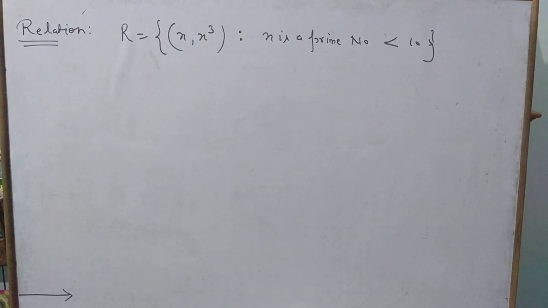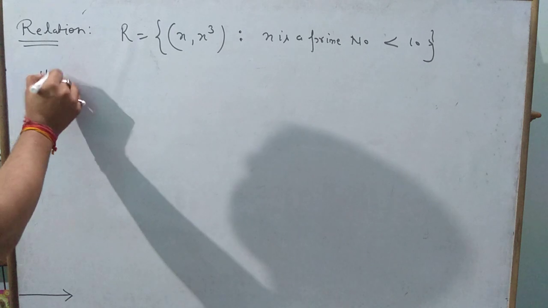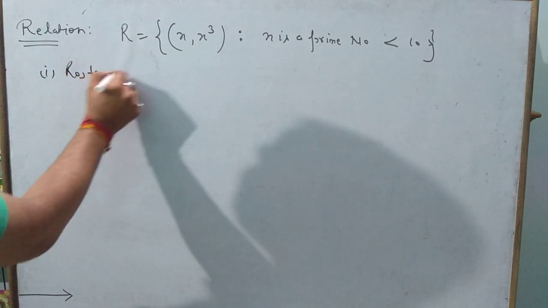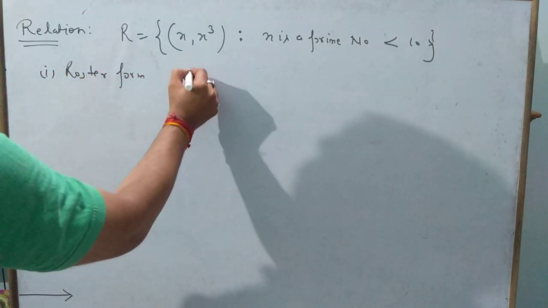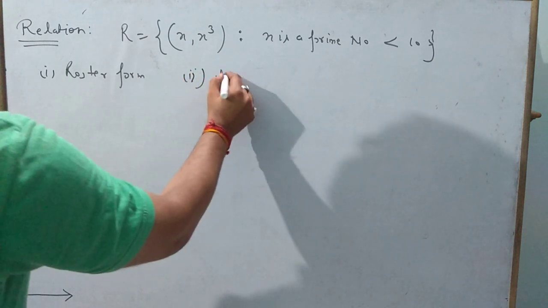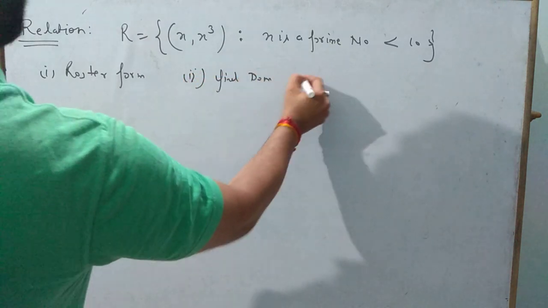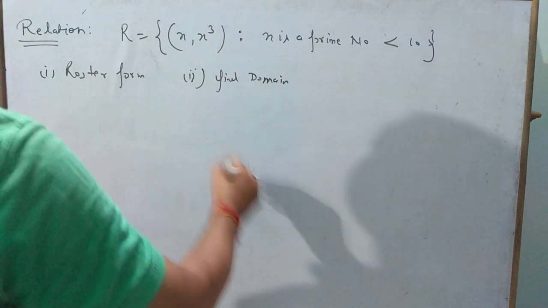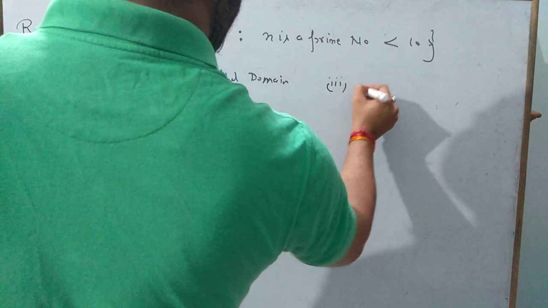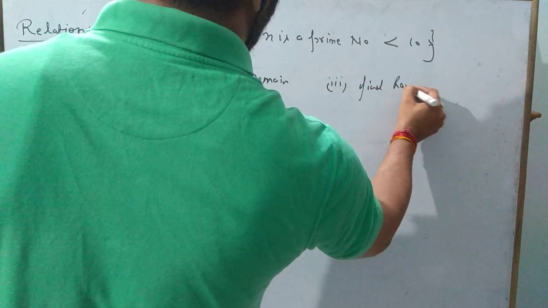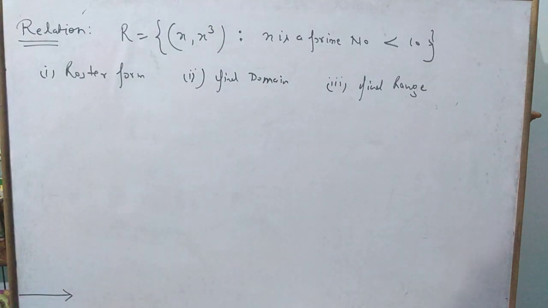The question is: first, write in roster form. Second, find the domain. Third, find the range.